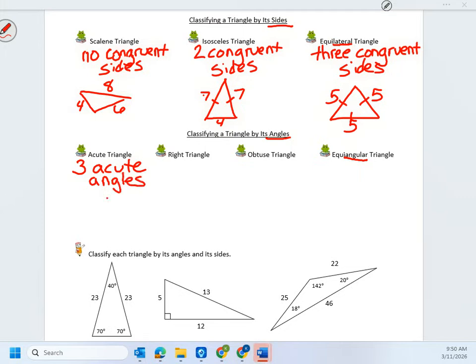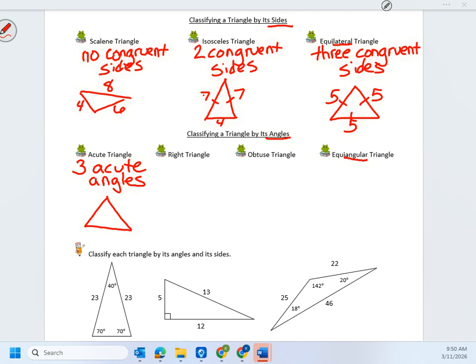So it has three acute angles. So when you draw an example, all three of those angles need to be less than what? Joy? Less than 90 degrees. Here's the trick. What do all three of those angles have to equal? Michael?